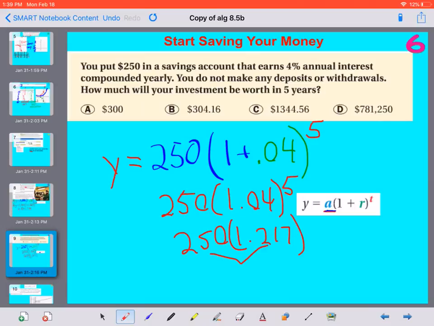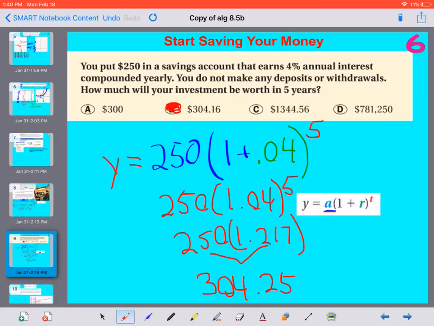That is going to equal 250 times 1.217, which gives us $304 and about 25 cents. So our answer, the closest one we have to this, would be B.